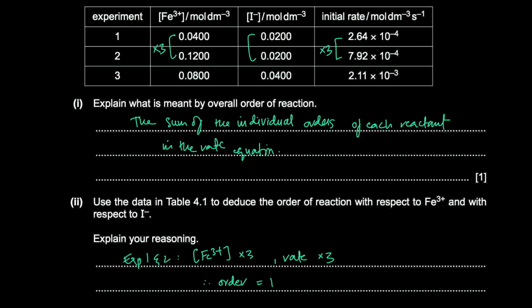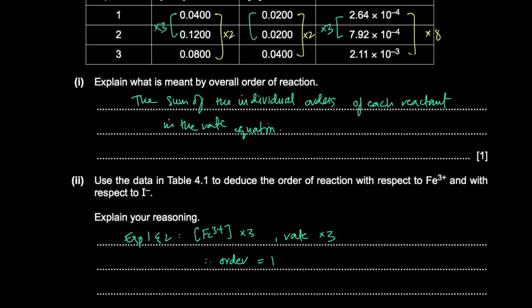In 1 and 3, iron 3 plus is changing by a factor of 2, and the concentration of iodide ions is also being doubled, and the rate is changing by a factor of 2.11 times 10 to the power minus 3 divided by 2.64 times 10 to the power minus 4. The rate is changing by a factor of 8.